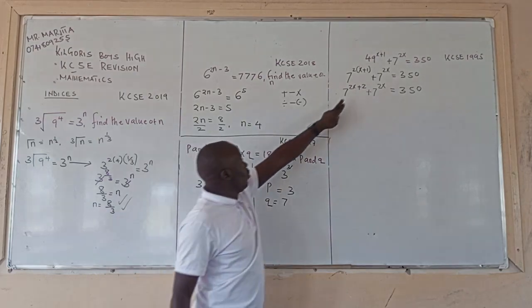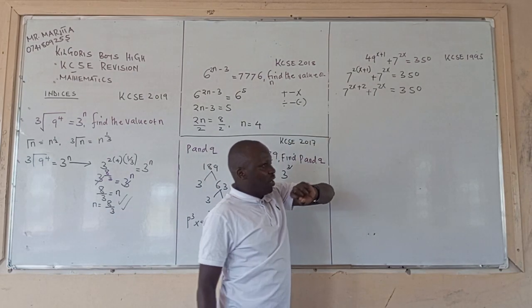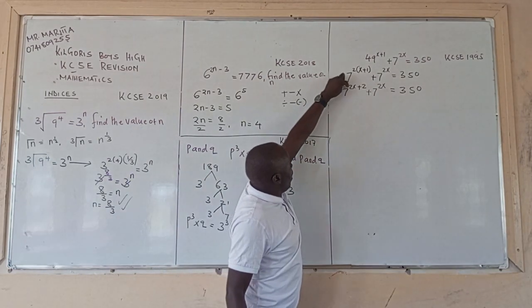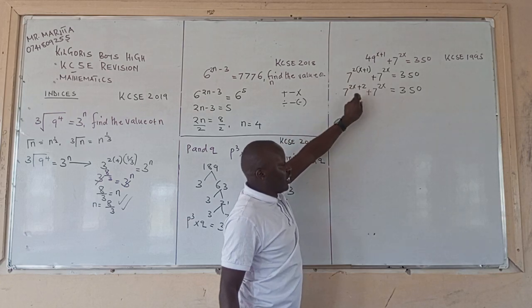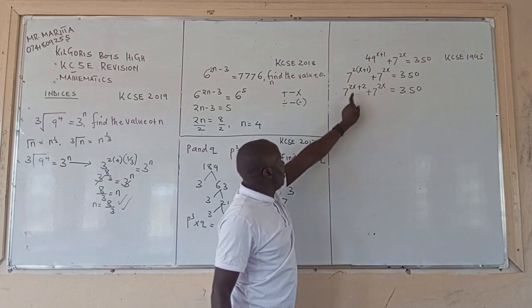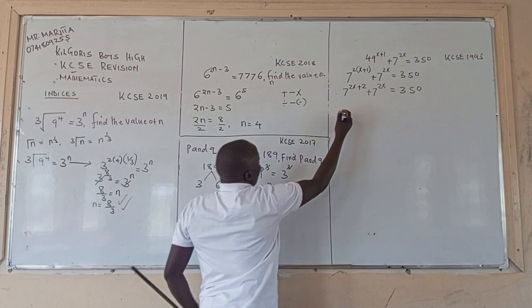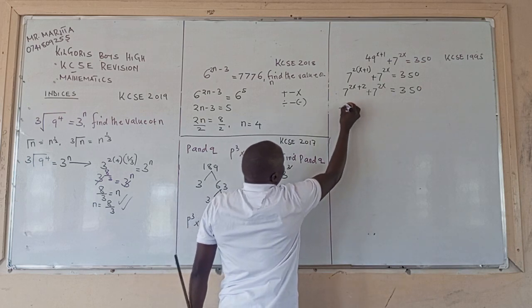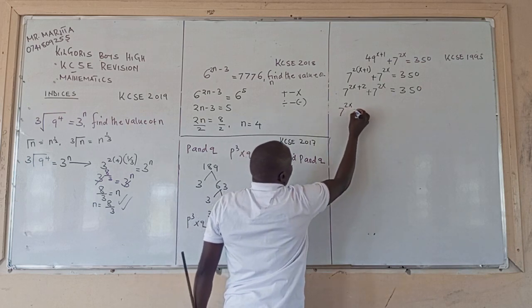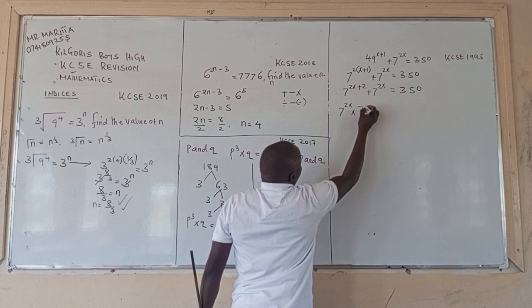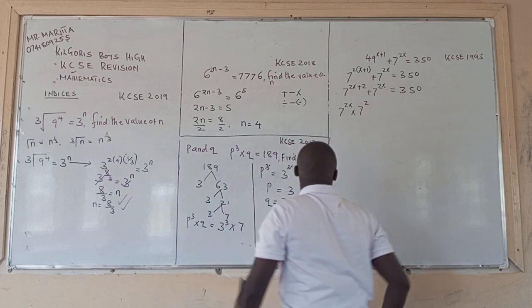In this case here, we have the addition of the powers: 2x plus 2. So we can split the base here as 7 raised to 2x times 7 raised to 2.